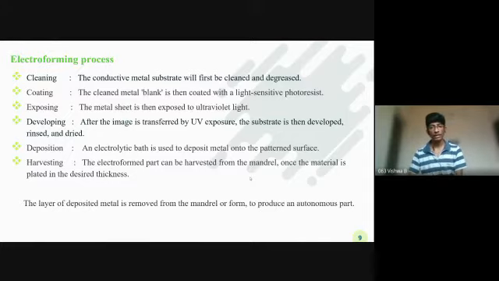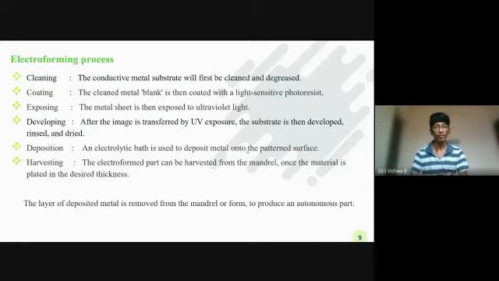After the substrate is developed with a good thickness of layer, it is dipped in the electrolytic bath where the cathode and anode are present. After the transfer of ions takes place in the electrolytic bath, then harvesting: the substrate, sorry, the mandrel, is to be taken up and it is to be broken.